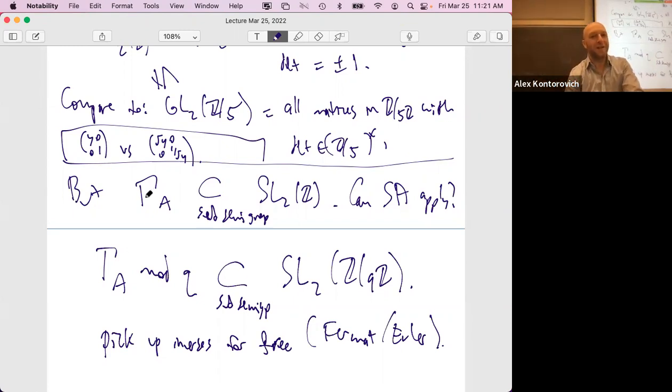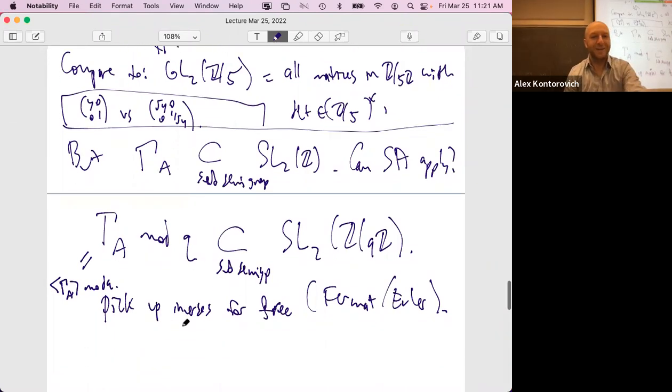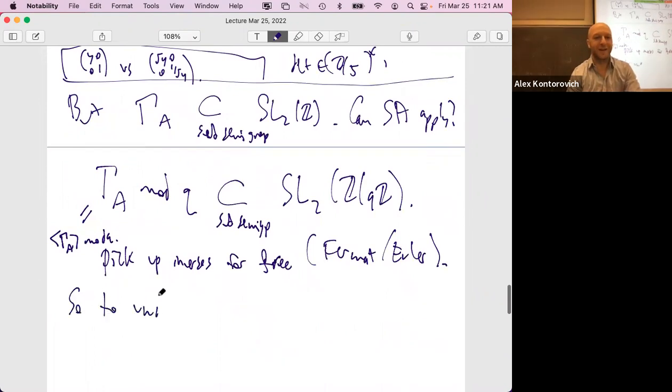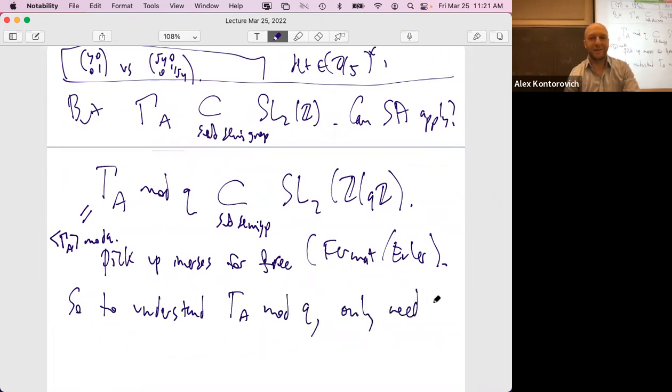So this closure, this subgroup, will be exactly the same as if you had taken the group generated by gamma A and reduced that mod Q. Because you have the inverses either way when you reduce mod Q, to understand gamma A mod Q you only need to know the group generated by gamma A as a subgroup of SL2Z.